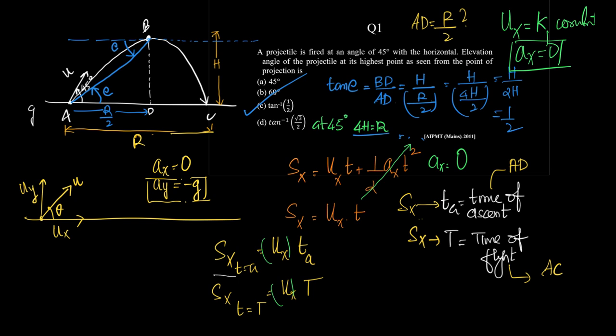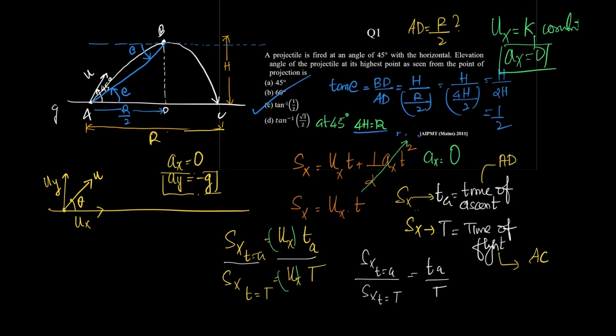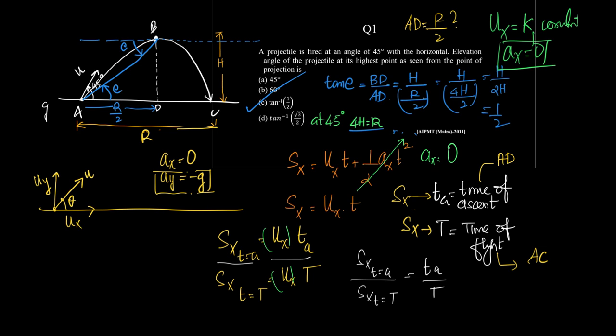So now if you divide these two equations, what do you get? What you get is interesting. Sx at t equal to Ta, the whole upon Sx at t equal to capital T, is equal to Ta by T. Now, Sx at t equal to Ta we have written as AD. So we have AD by, what is Sx at t equal to T?